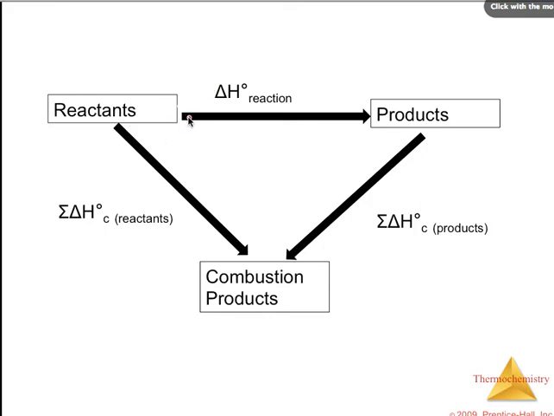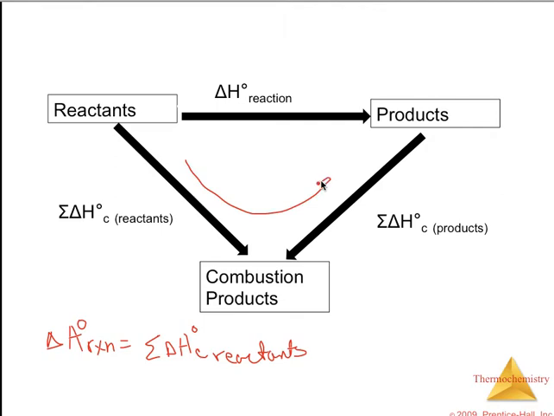We can still calculate the overall enthalpy of the reaction. Going from reactants to products in this way, the enthalpy of the reaction is going to be equal to the sum of the delta heats of combustion of the reactants, minus the sum of the heats of combustion for the products at standard state.